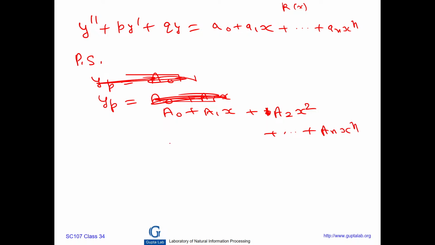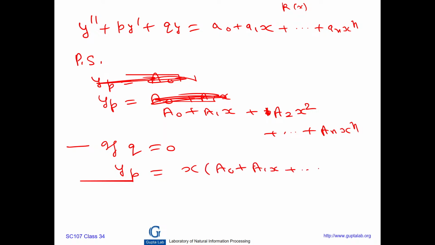For ai's, constants I don't know, right, I can solve. Okay, if q is equal to 0, then we seek particular solution is equal to x times a0 plus a1x plus ... plus an x raised power n.